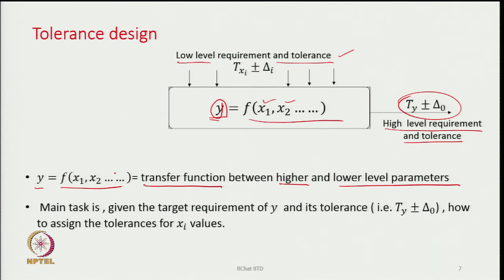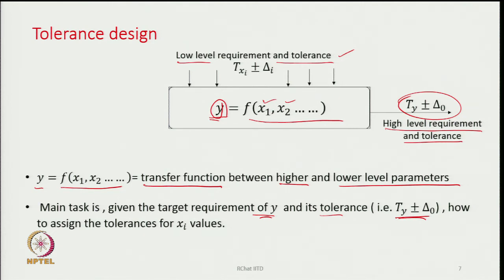So, assume that this is my transfer function. So, the main task is, given the target requirement of y and its tolerance, if both of them are given, that the fabric strength should be, let us say 1.5 kg force, and the tolerance is plus minus 0.2 kg force. So, tolerance is also given and the target value has been given.